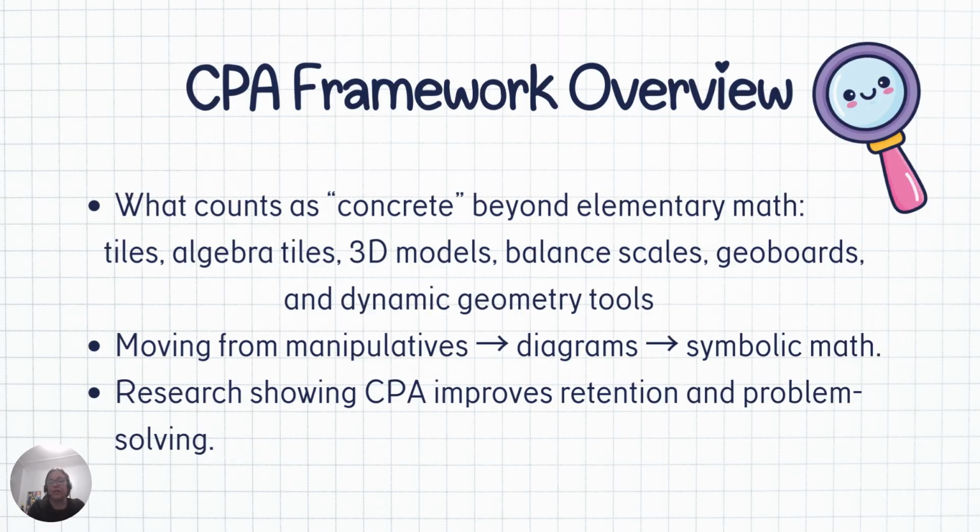In grades 7 to 9, concrete tools include algebra tiles, integer chips, balance scales, geoboards, 3D models, paper nets, and dynamic geometry tools. Students first build a concept with manipulatives, then draw diagrams to represent the model, and finally transition to symbols, equations, and formal reasoning. Research shows that CPA improves retention, problem solving, and conceptual understanding, making abstract math more accessible and meaningful.